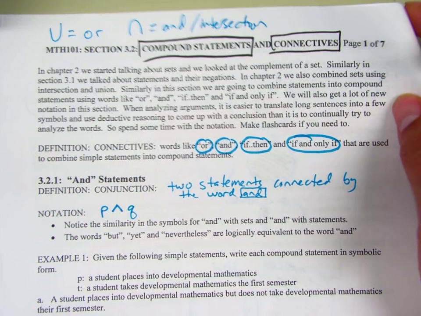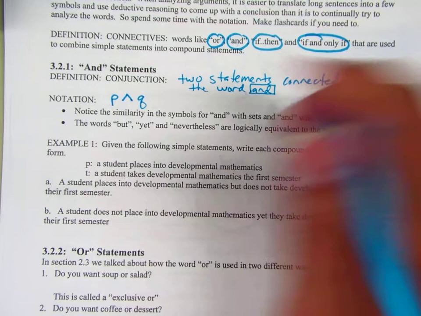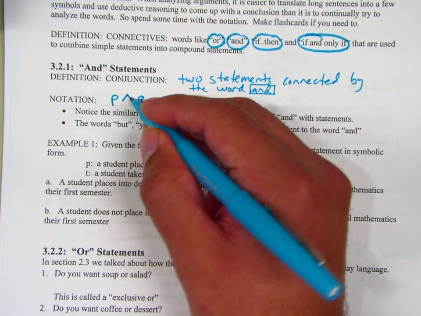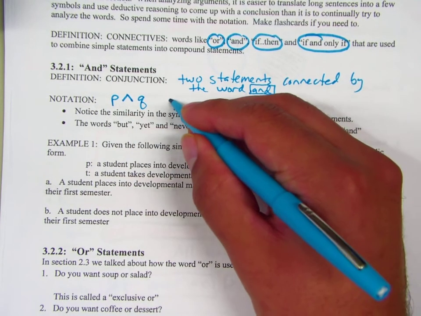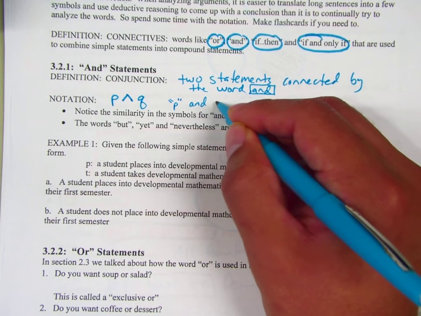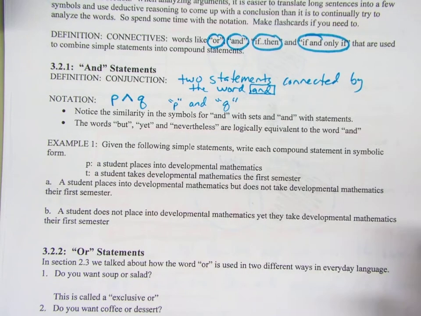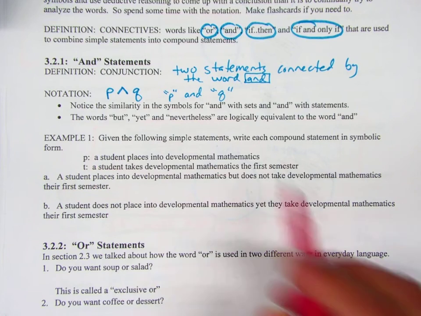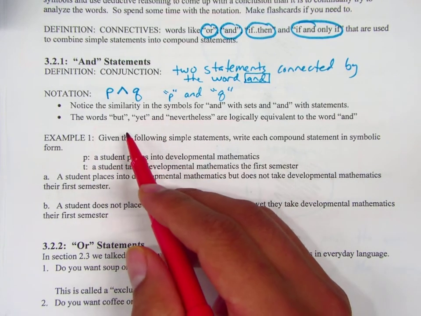If not, something new to learn, but all you got to remember here is that when you see this symbol, this translates to P, whatever P is, and Q. That's all that means when you see that. And just an added note, you won't see this all the time, but you got to be familiar with it. There's lots of ways to say and.